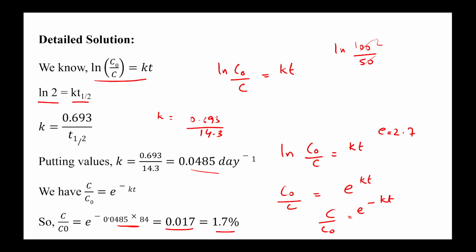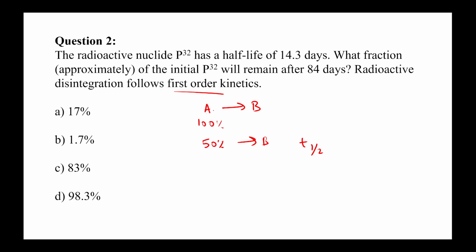And what is the percentage we are getting? That is 1.7%. So you can also calculate this on your own. So 1.7% is the fraction that will remain of the initial P32 after 84 days.